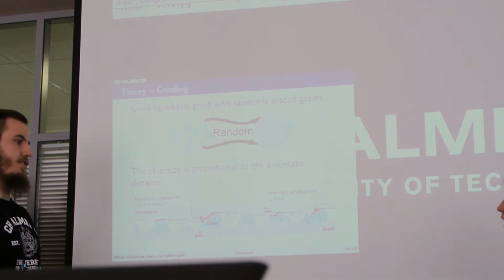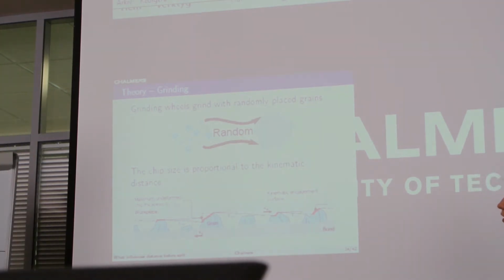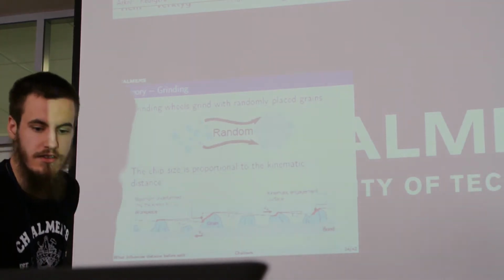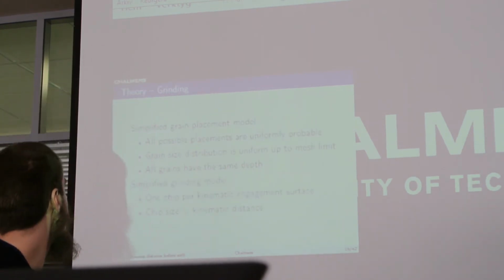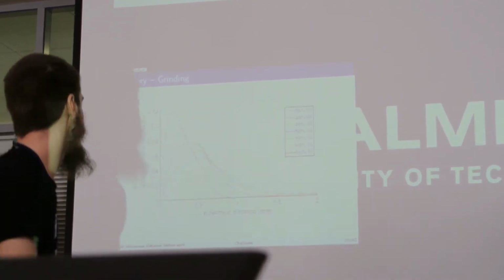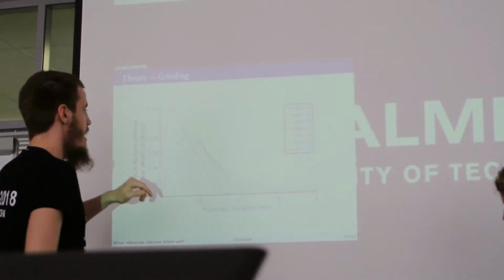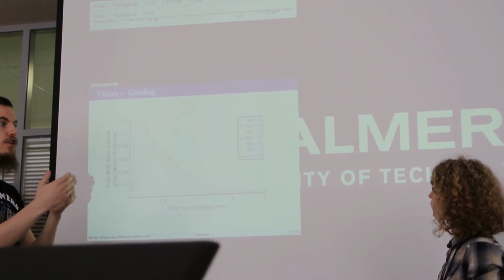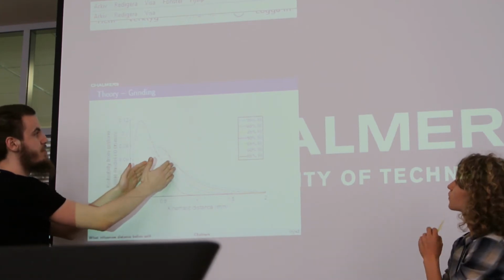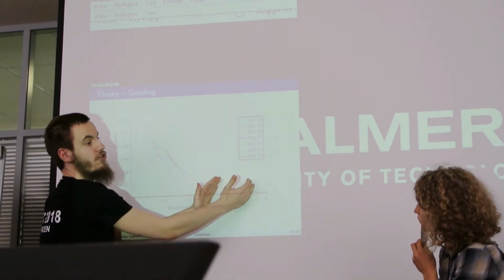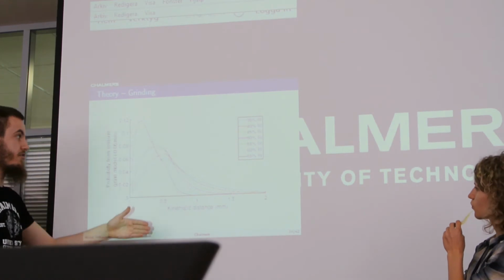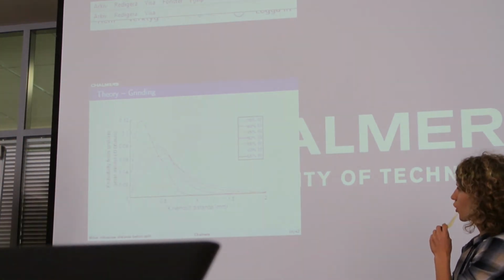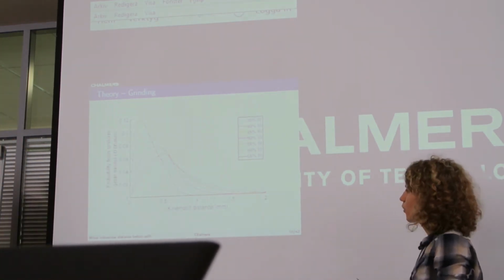Yes, for small lengths. Okay, can you see this in your theoretical plottings that you did? Yes, that's what's happening here in the simulation results. You see that when I decrease the fill, I get larger kinematic distances, and the distribution gets skewed to larger lengths. So my theory actually does show this. Okay, yeah, I agree with you.